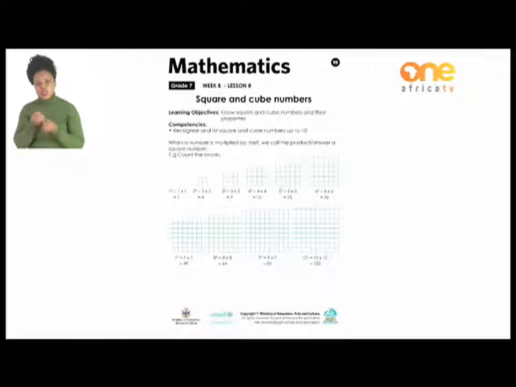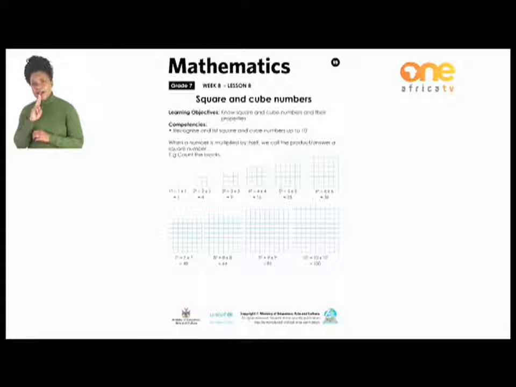We have 7 squared, which is 7 times 7 gives you 49, 8 squared, which is 8 times 8 gives you 64, 9 times 9, 81, and 10 times 10, which is 100.